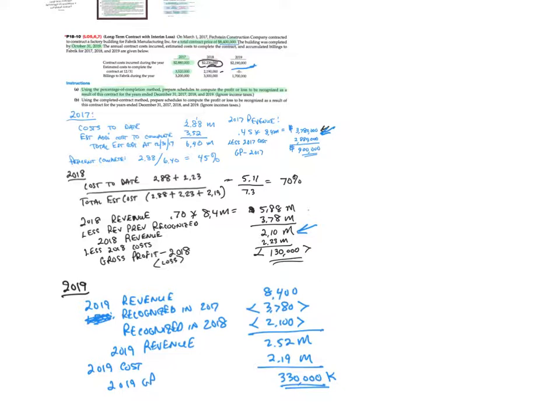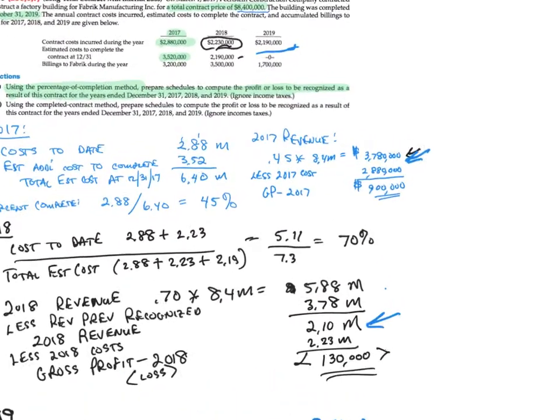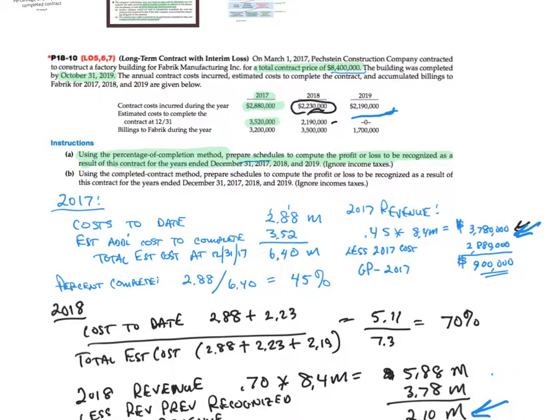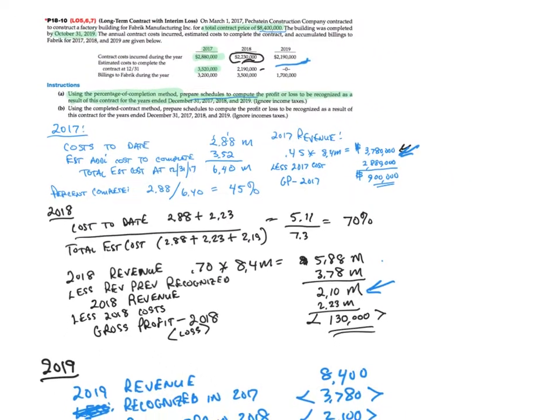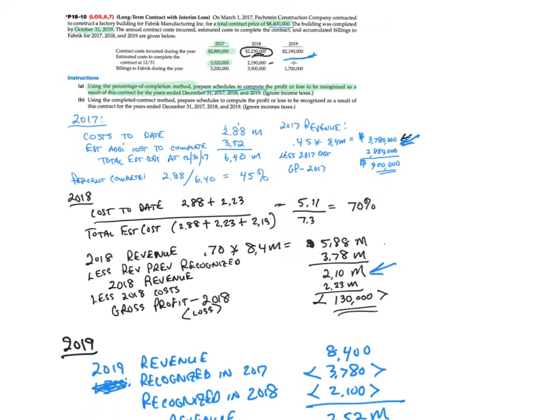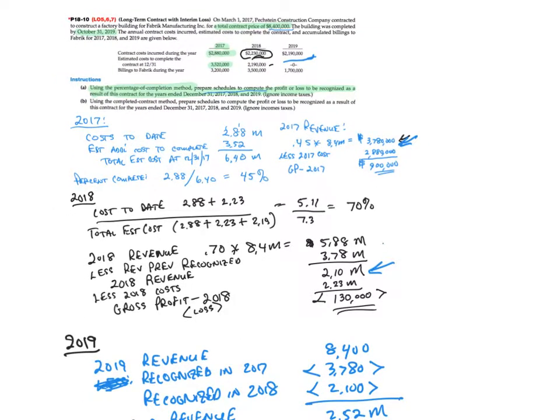All right. So it says, back to our original requirement here, prepare schedules to compute the profit or loss to be recognized. Let's just say that we're going to recognize gross profit, percentage of completion approach is going to be 900,000 for 2017.